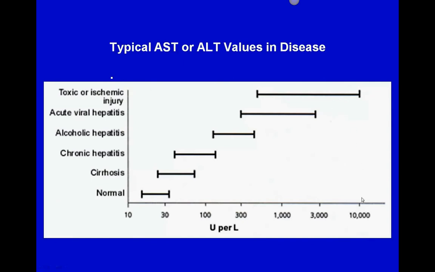The liver cells have released their enzyme, that ALT, into the system, and their AST, and so we have these very elevated levels. So in acute conditions, the numbers can tell us how much tissue has been damaged. The higher the number, the more tissue that's been damaged.